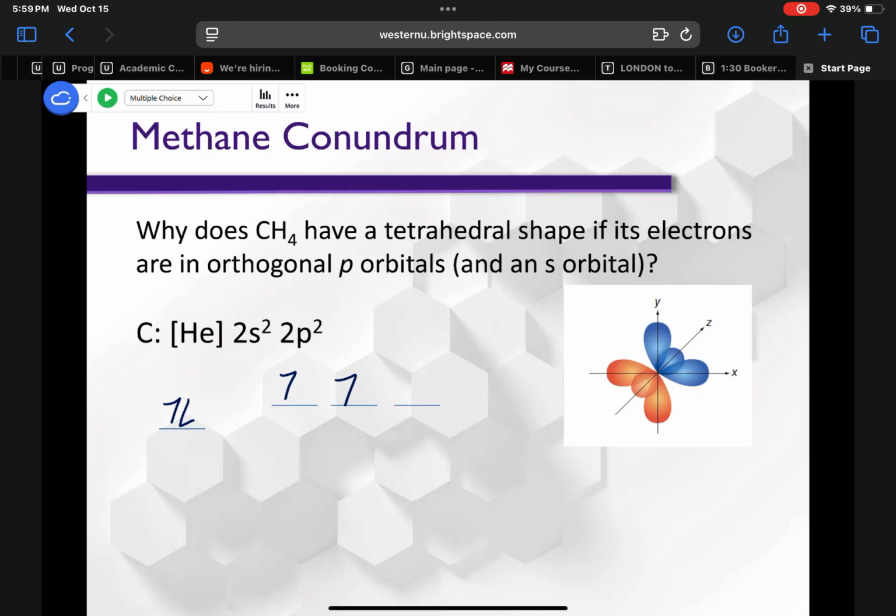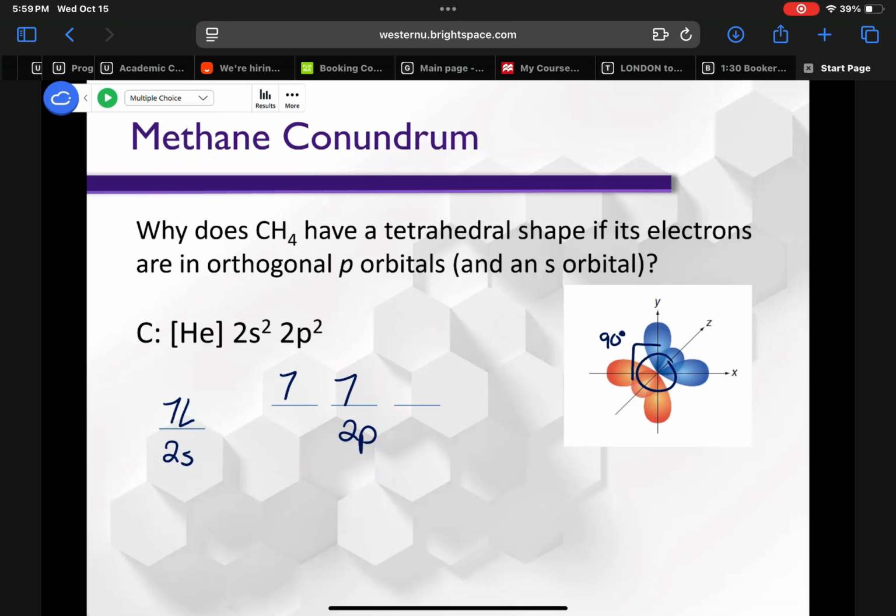If we look at this electron configuration for carbon, we have electrons in the 2s orbital and in the 2p orbitals. s orbitals are spherical, and p orbitals are orthogonal, so they're 90 degrees apart from one another.